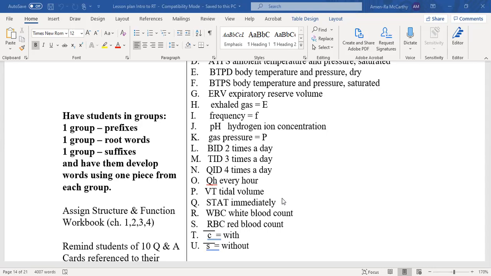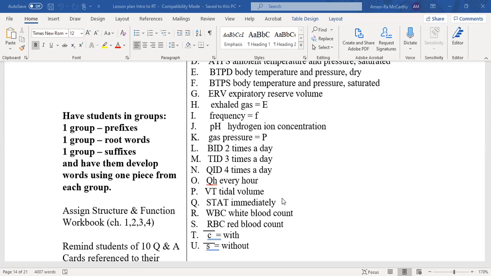Make sure you say that part. It's 3 cc's for every pound of weight they are. You said convert. That means if I give you the weight in kilograms, you'll need to convert that to pounds and then do 3 times that. But yeah, to find tidal volume would be 3 cc's per pound.